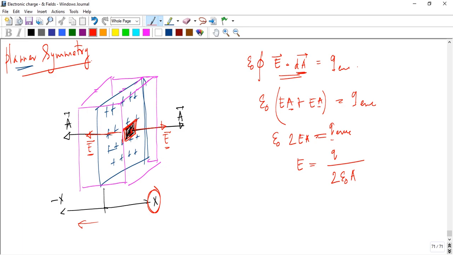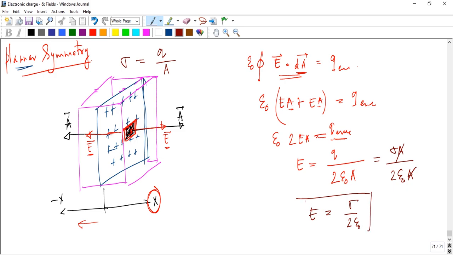Now see very carefully, this is a surface charge distribution sigma, equal to Q by area, so Q equals sigma A. Then E equals sigma A by twice epsilon naught A, so A cancels, and E equals sigma by twice epsilon naught.